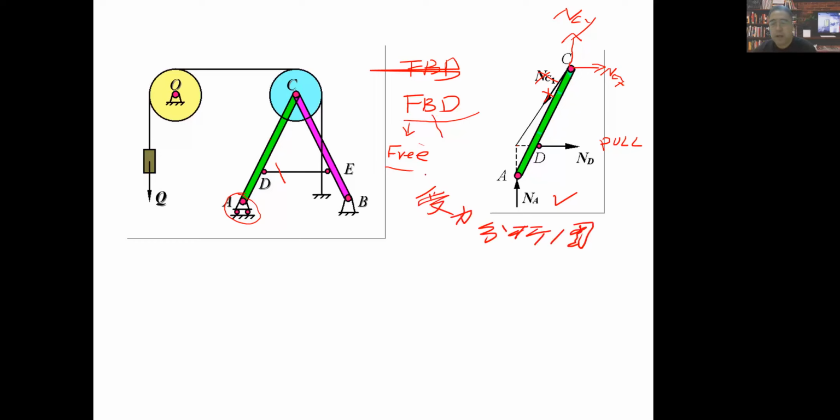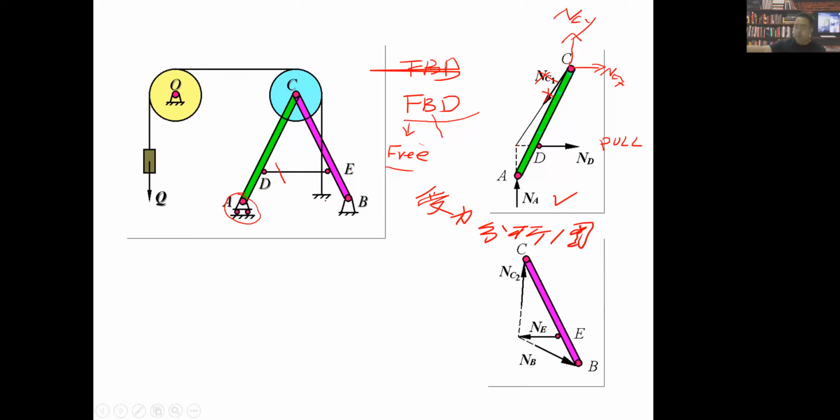So you see, each time we should first select one body to be studied, to be analyzed, right? So in China we always say 取这个杆AC作为研究对象, which translates in English as: select AC as the object to be studied, right? So that's how we do the force analysis.